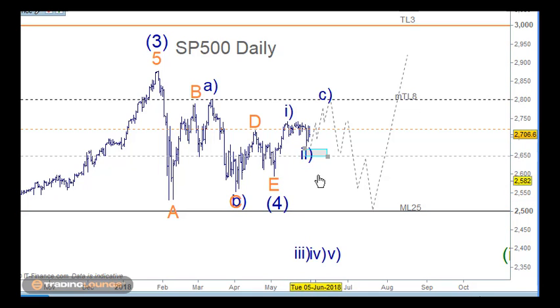The only problem with this particular count is that this correction in here is very complicated, and a wave 2 doesn't normally get that complicated. It's not to say it can't be, but it highlights that it may not be the case. So we need to be a little bit mindful of that scenario.